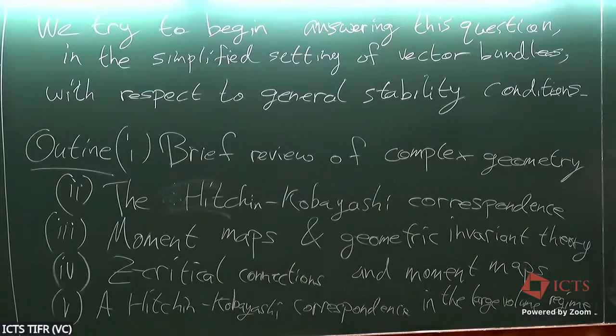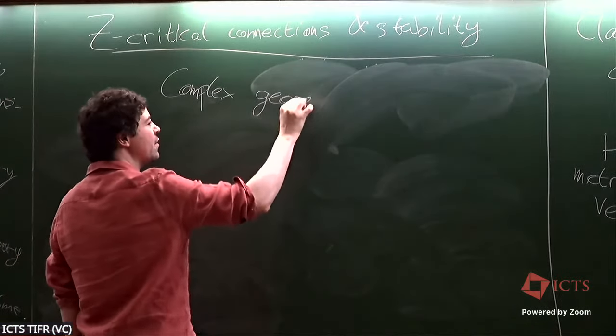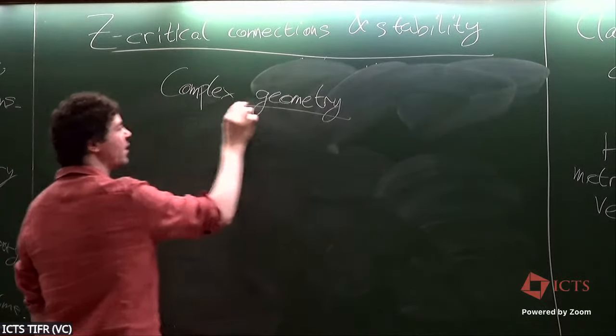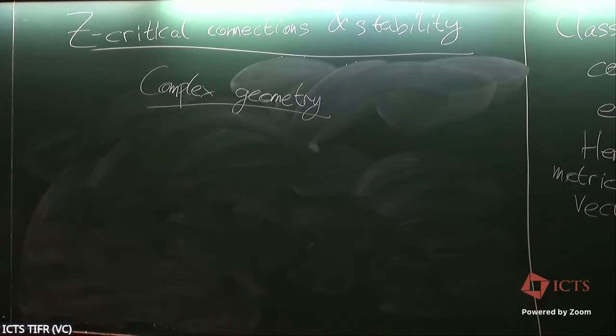I expect many of you will have seen these definitions before, so I'm going to go quite quickly because I think the theory of complex geometry merits a full lecture course itself of much more than 3 lectures. So what I'll be doing is just reminding you of some of the basic definitions. But there are many nice books to familiarize yourself with these ideas.